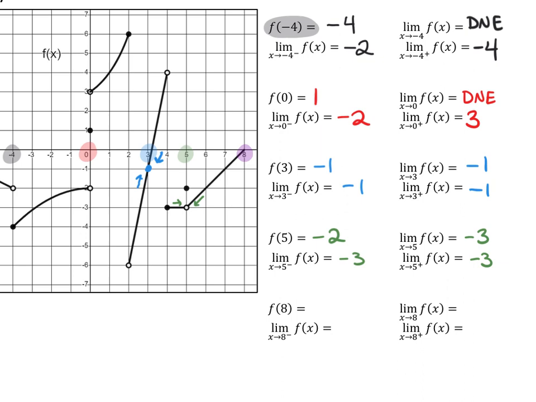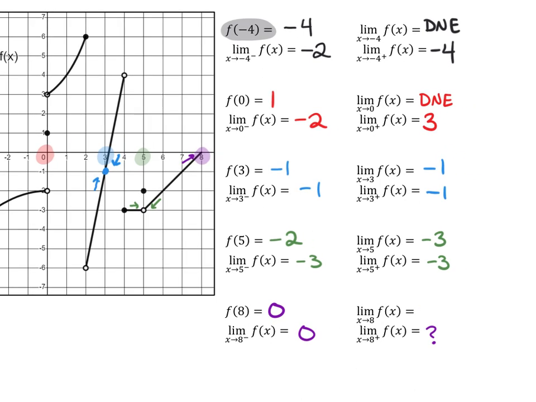F of 8 is 0 because the function itself is being evaluated at 0. And to answer the limit question, I still look on the left and the right. What's it getting close to on the left? 0. What's happening on the right? Do you see anything on the right? We have no idea.